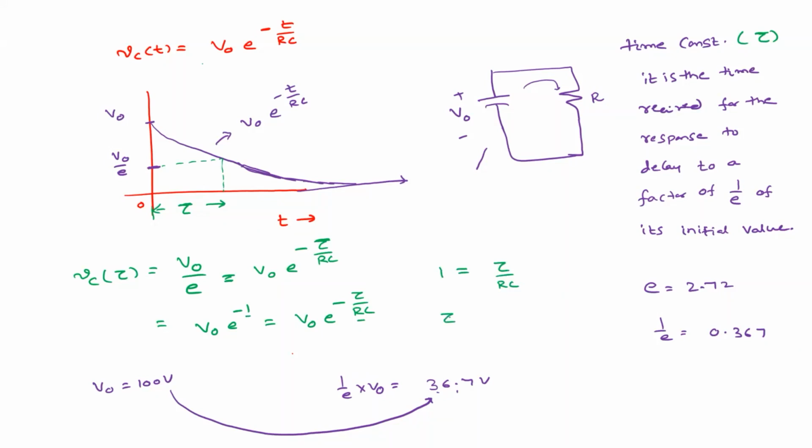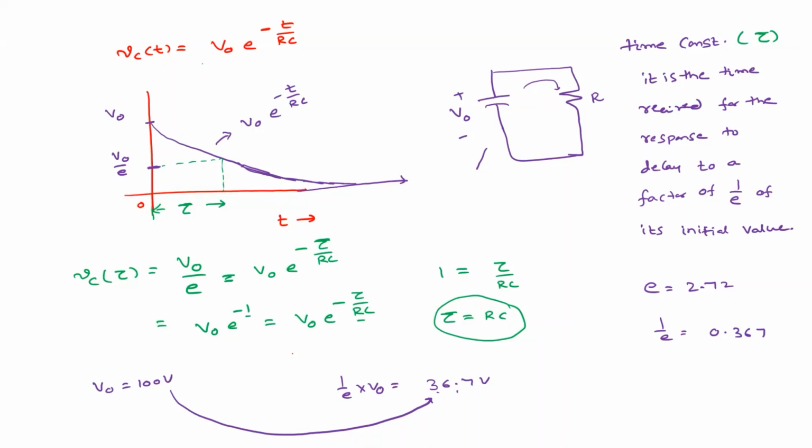So what is the value of tau? RC, right? So this is known as the time constant of the RC circuit.